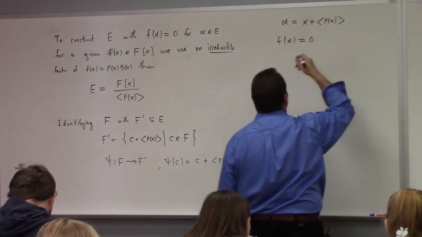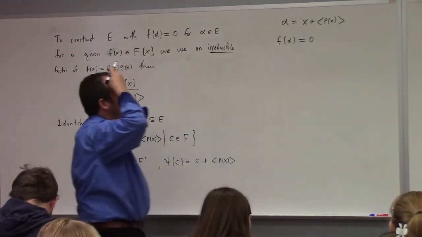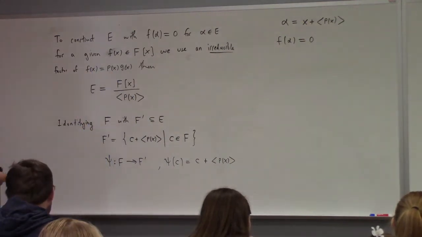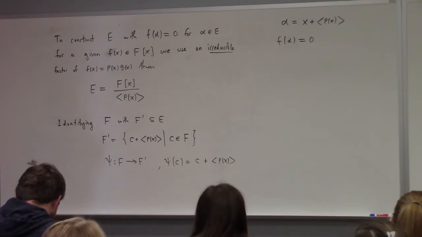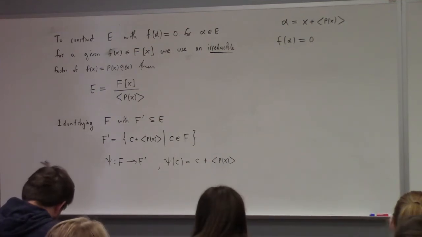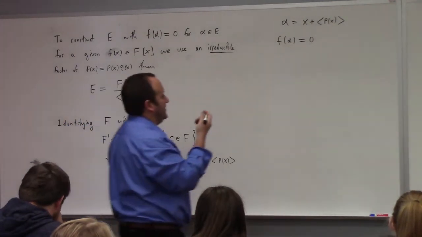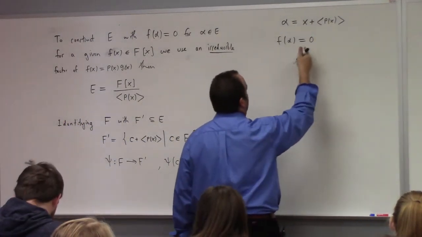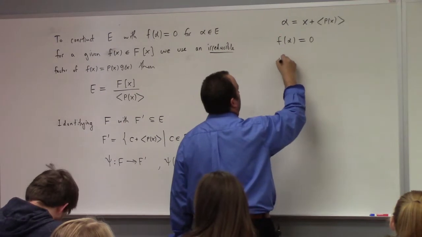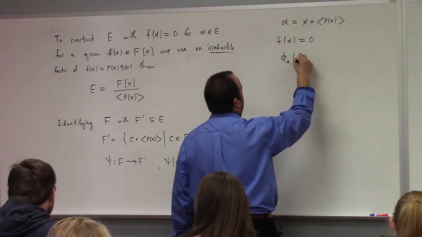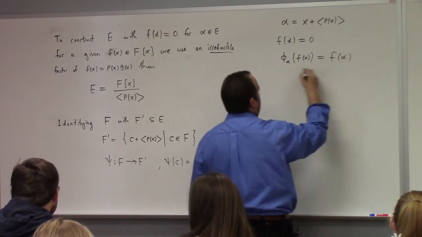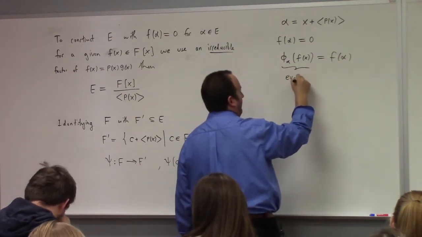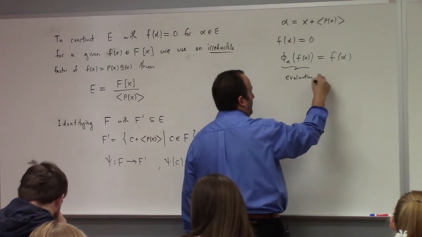But even that is funny. What would f of alpha mean? This should mean phi alpha of f of x. This is the evaluation homomorphism.